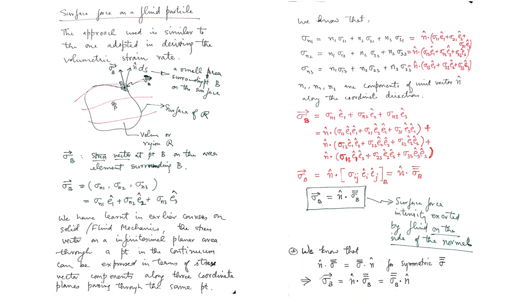So we know that sigma n1 is n1 sigma 11 plus n2 sigma 21 plus n3 sigma 31. And what are these n1, n2 and n3?